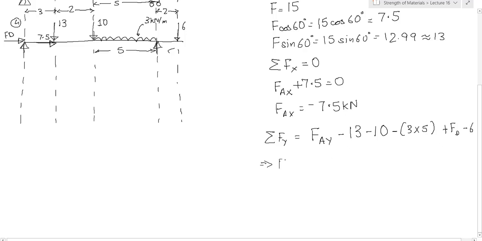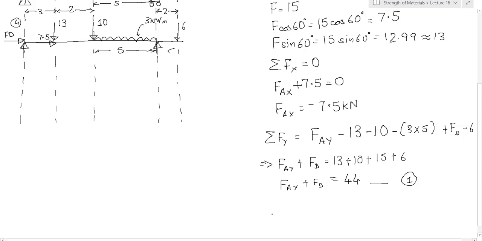So this will be FAY plus FD is equal to 13 plus 10 plus 15 plus 6, which is coming out to be 28, 34, 44. So FAY plus FD is equal to 44. This will be my equation number 1.